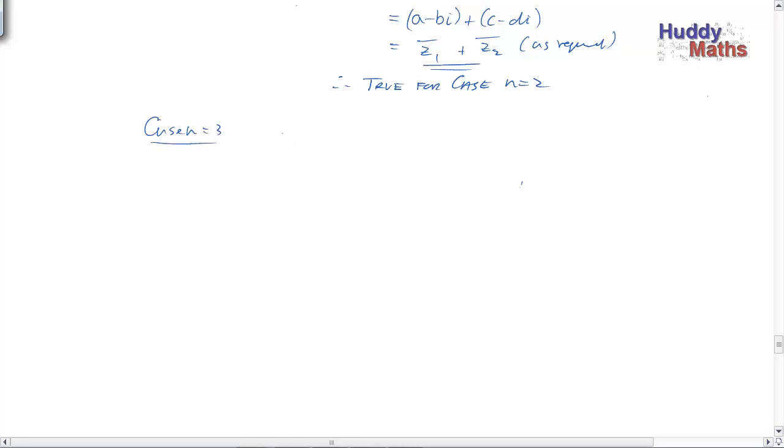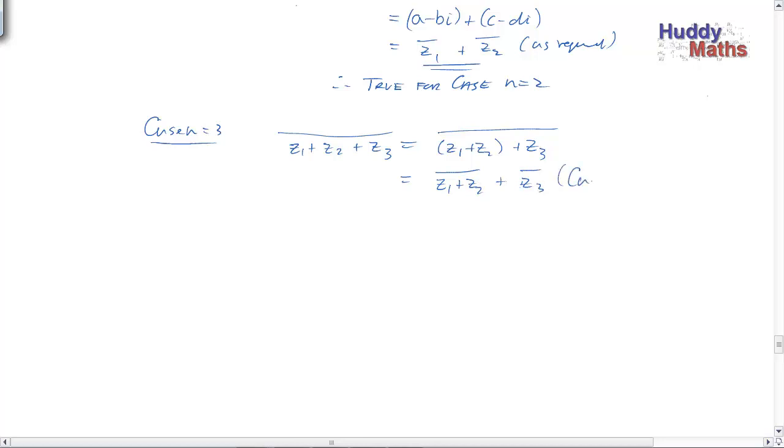So that's the conjugate of z1 plus z2 plus z3, which can be thought of as the conjugate of this one as a single complex number plus this one, which is therefore the conjugate of z1 plus z2 plus the conjugate of z3.